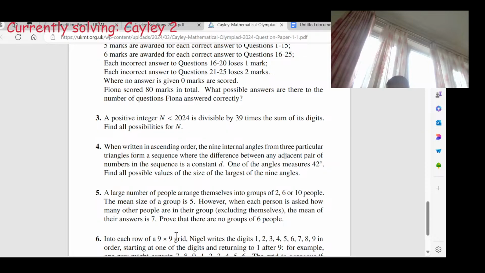So 96 is the highest, or you can have these, wait. 78. So we need 102.